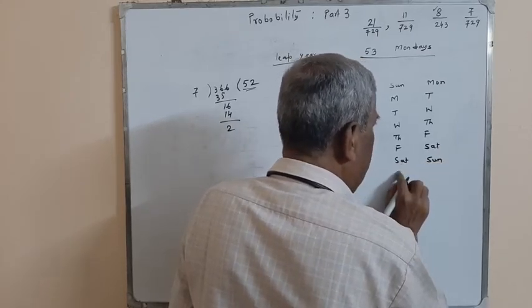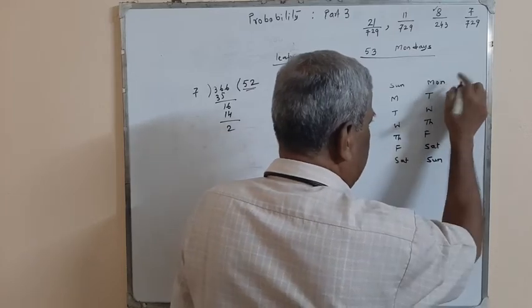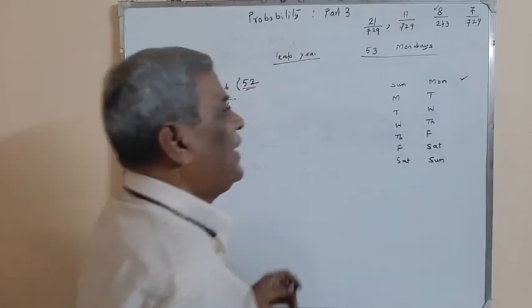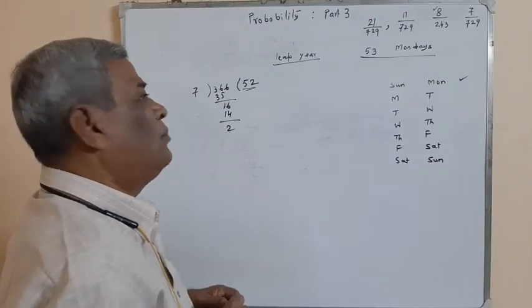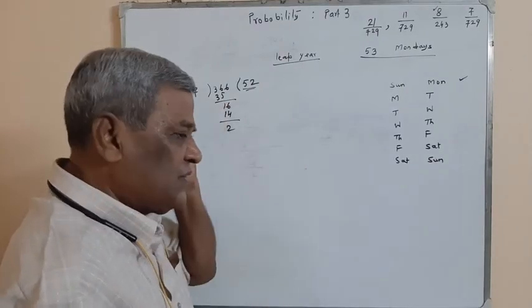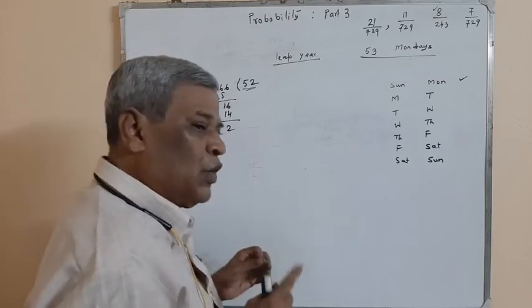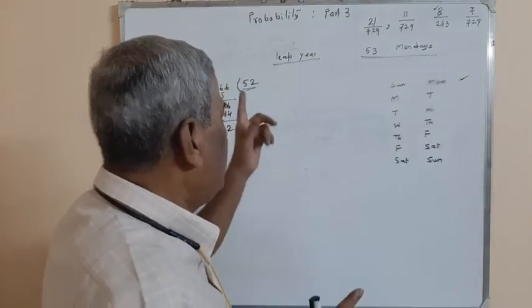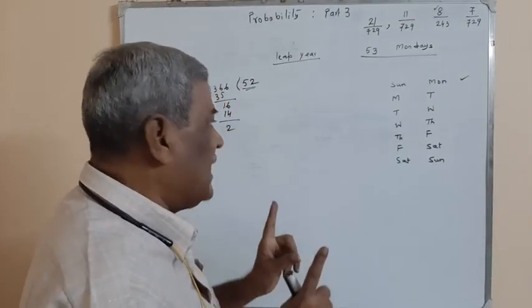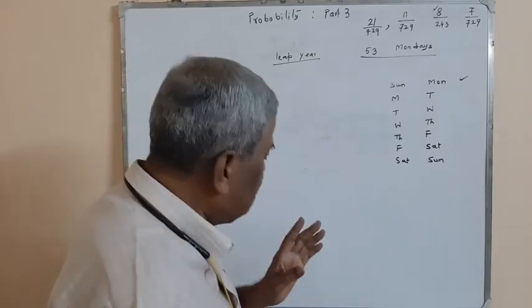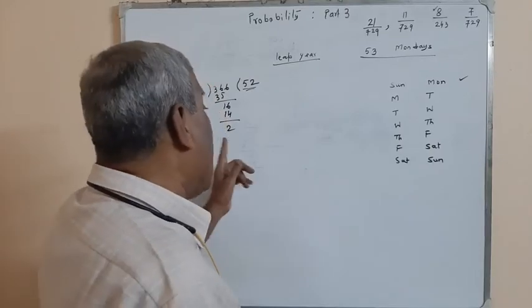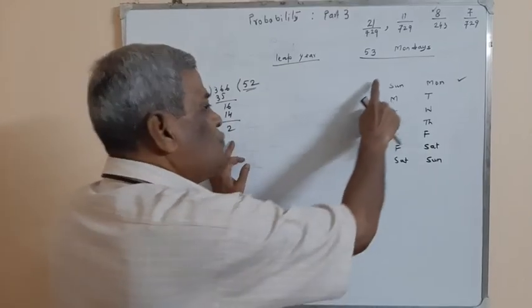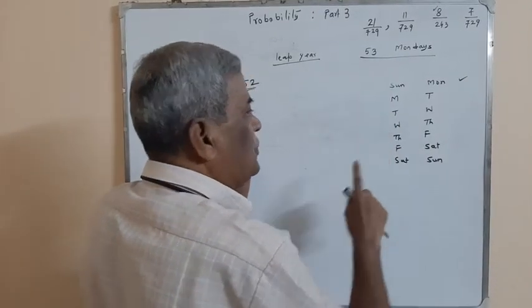Next, Sunday and Monday I have taken into account. So actually any leap year must contain 366 days. It has 52 complete weeks, so it must have 52 Mondays, 52 Sundays, and so on, and 2 more days. These 2 more days can be distributed like that.